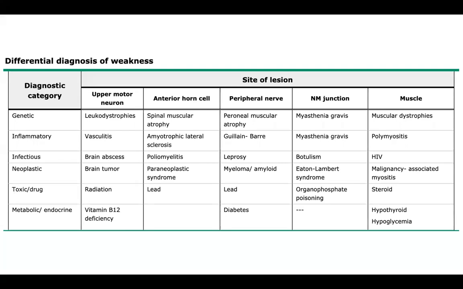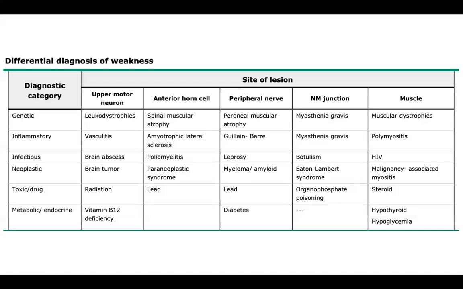And then what about a peripheral nerve? Yeah. Neuromuscular junction? Yeah. Muscle? Yeah. Perfect. And I think that's kind of the way this typically goes: I would say peripheral nerve is almost always included in the initial differential.